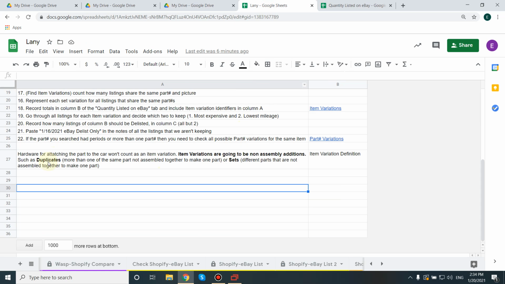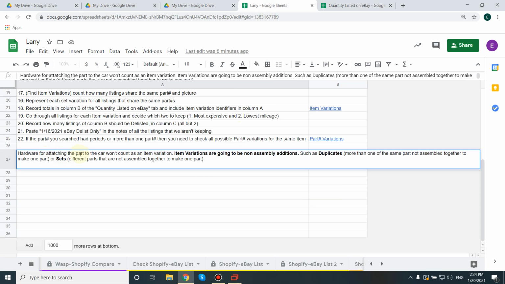So let's review it one more time. It says hardware attaching to the part of a car won't count as an item variation. That's just part of the part. And then item variations are going to be non-assembly additions, such as duplicates, which is more than one of the same part not assembled to make one part. So that would be like those motors. Well, no, that would be if we had multiple sensors.